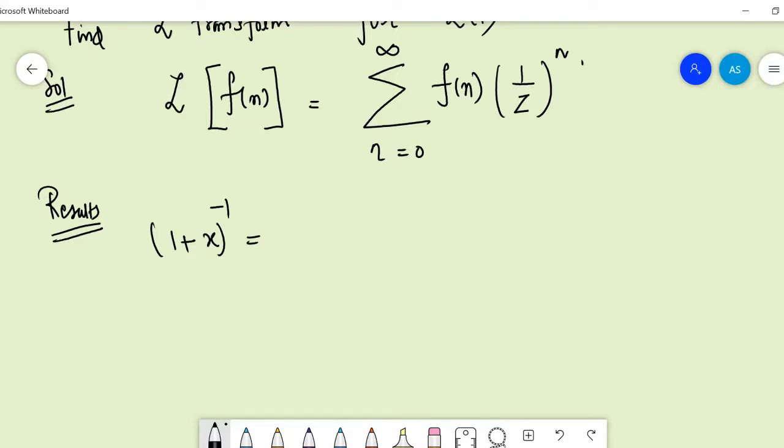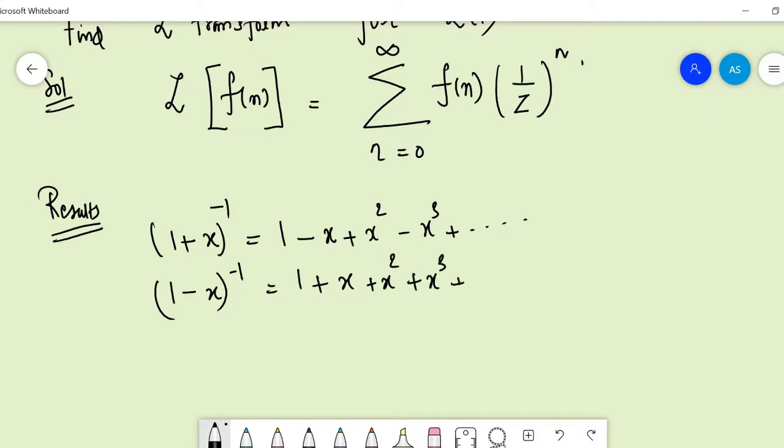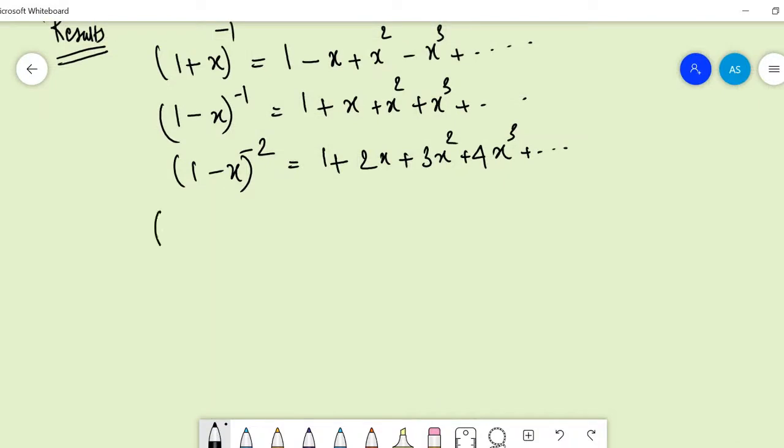Expansion of 1 plus x whole power minus 1 is 1 minus x plus x square minus x cube, etc. And 1 minus x whole power minus 1 is 1 plus x plus x square plus x cube, etc. In the same way, 1 minus x whole power minus 2 is 1 plus 2x plus 3x square plus 4 times x cube, etc. For 1 plus x whole power minus 2, the same result but the signs should alternate: 1 minus 2x plus 3 times x square minus 4 times x cube, etc.